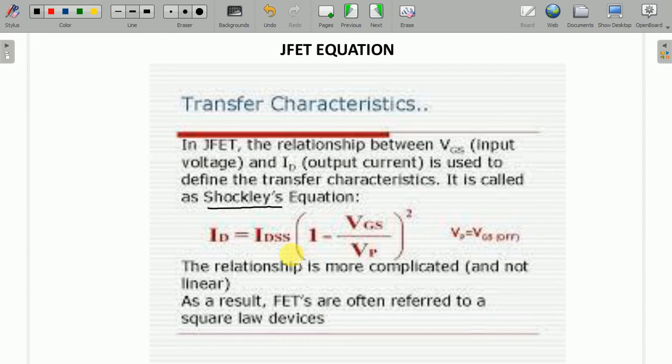This equation defines that curve: ID is equal to IDSS into 1 minus VGS by VP, or in certain books they write ID is equal to IDSS multiplied by 1 minus VGS divided by VGS off.